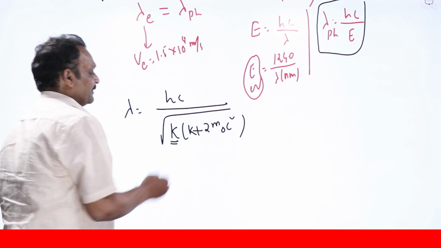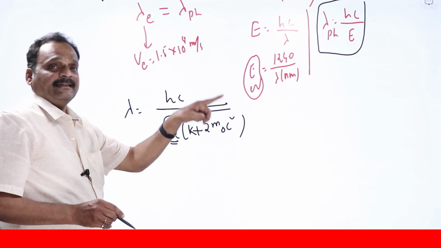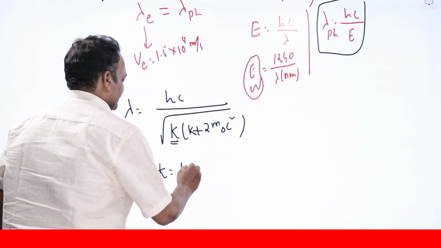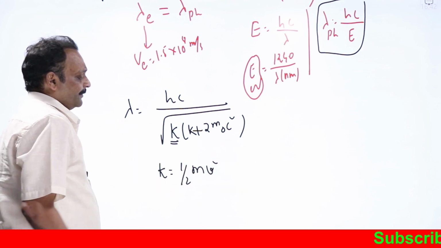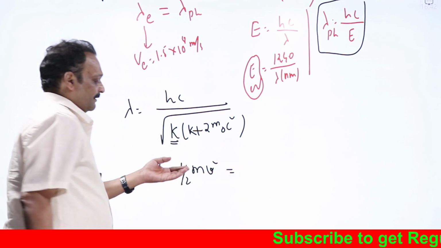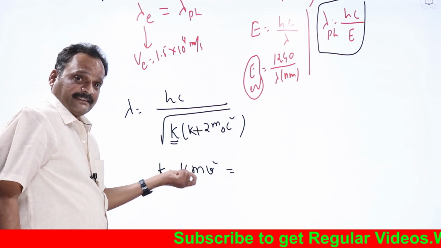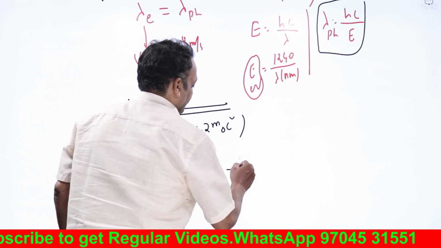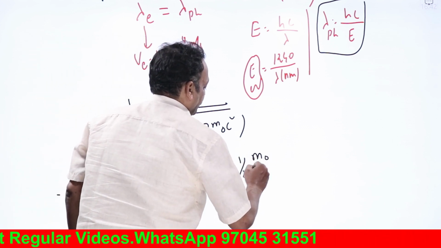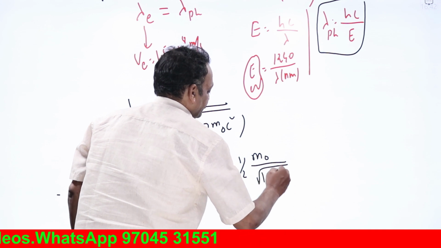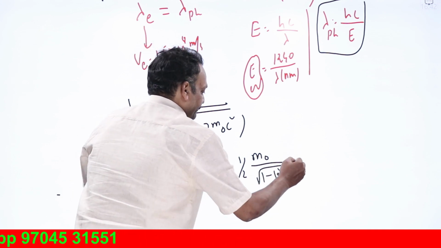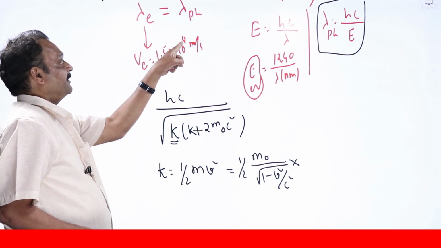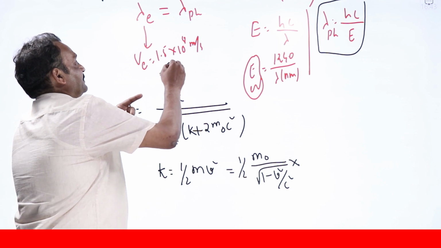What is K? K is the relativistic kinetic energy of the electron. The general formula for any kinetic energy is half mv square, no doubt. The only thing is, for a relativistic particle, m equals the relativistic variation of mass with velocity, m naught by root of 1 minus v square by c square. So this is half into m naught by root of 1 minus v square by c square, into velocity squared. V equals c by 2, since 1.5 × 10^8 meters per second is nothing but c by 2.